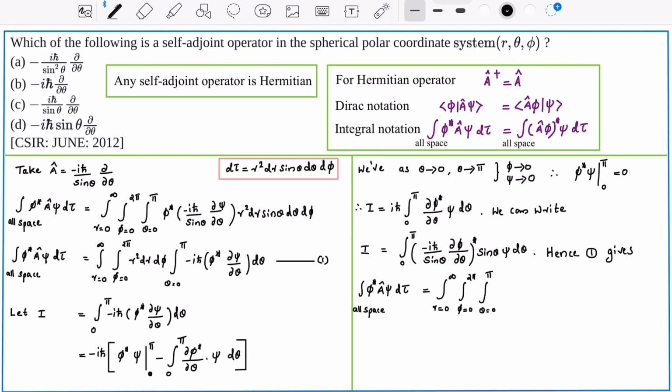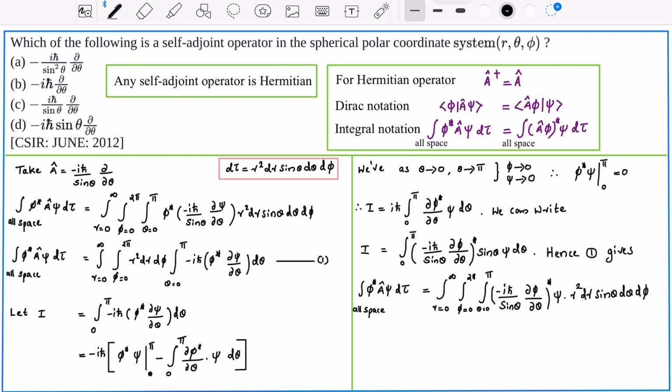Now we have minus i h bar by sin theta dou phi by dou theta whole conjugate, then psi, then r square dr sin theta d theta d phi.